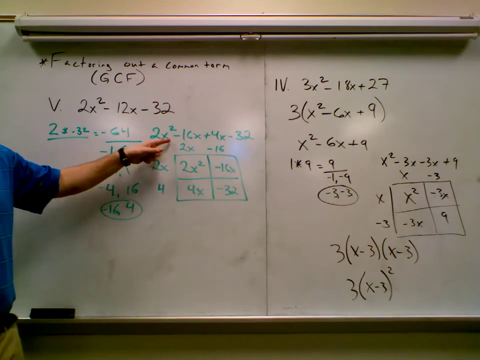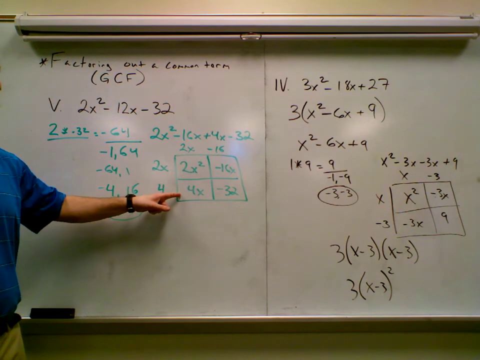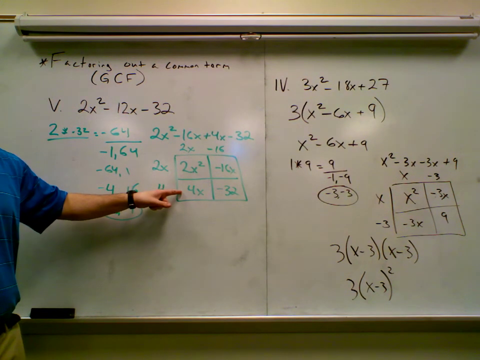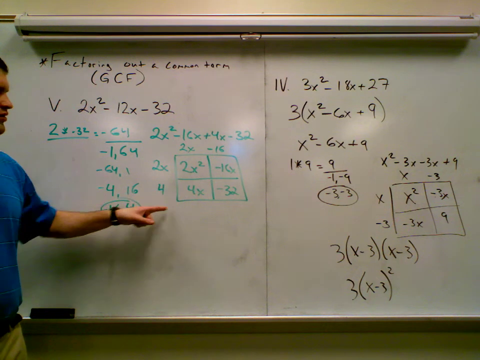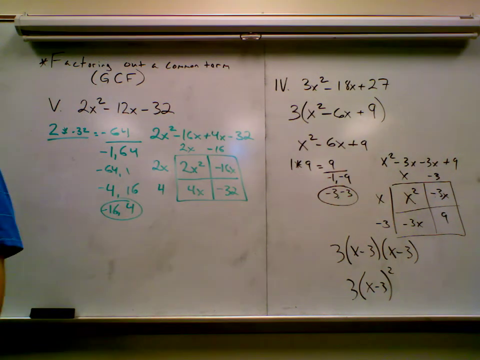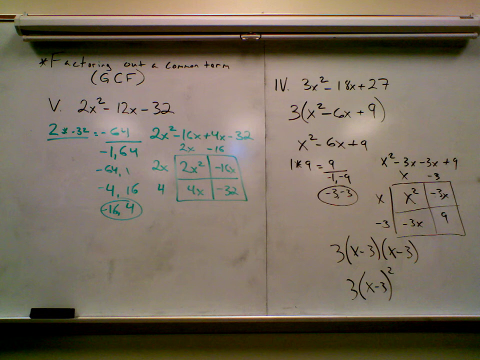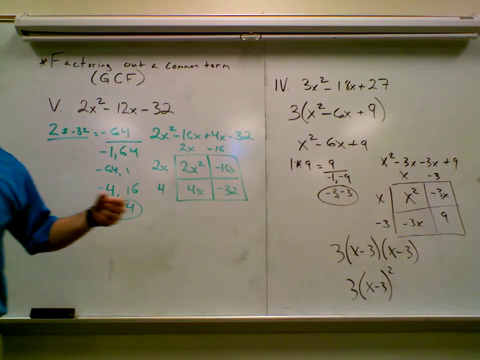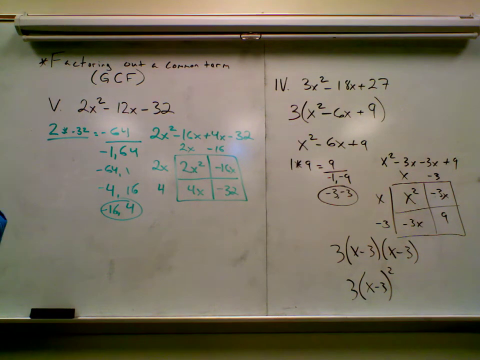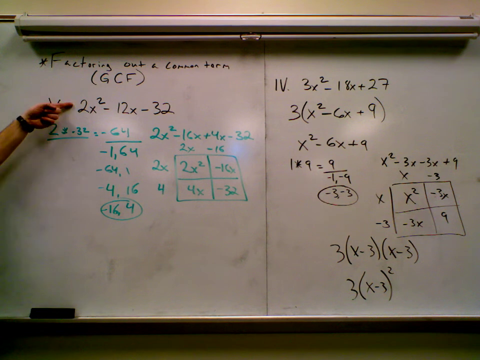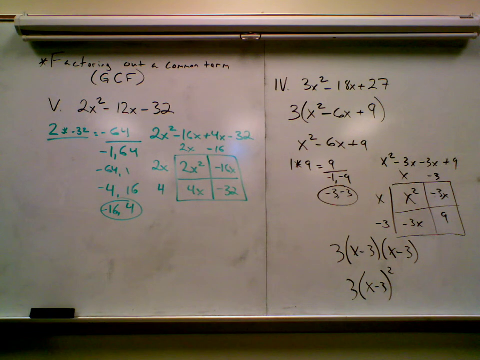No. 2x times 4 makes 8x. Is that right? 4 times negative 16, negative 64. All of my numbers were bigger by a factor of 2, because I didn't pull a 2 out when I got started.